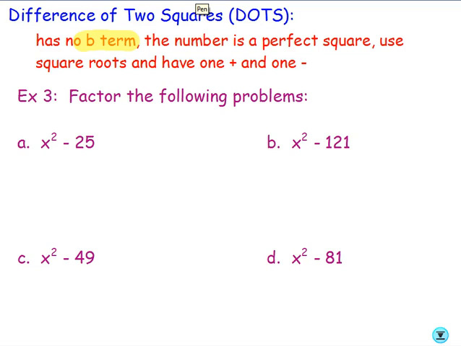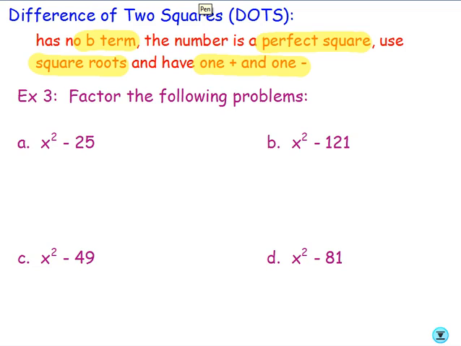So the guy in the middle is gone. The number that is in the problem is what we refer to as a perfect square. Perfect squares are numbers that you can square root and get a really nice number. And so to solve these, we use square roots, and you will always have one positive and one negative.